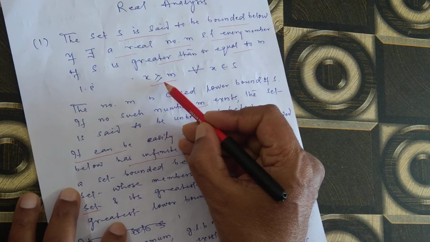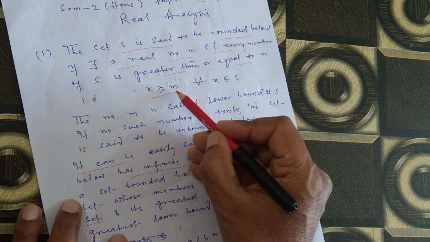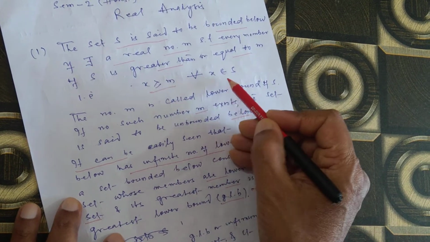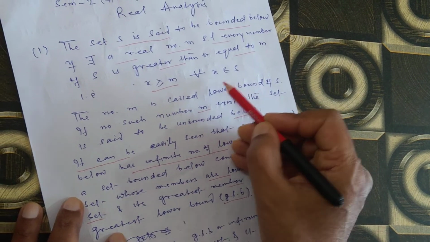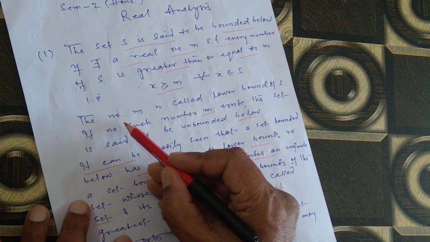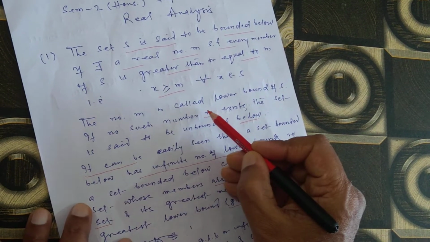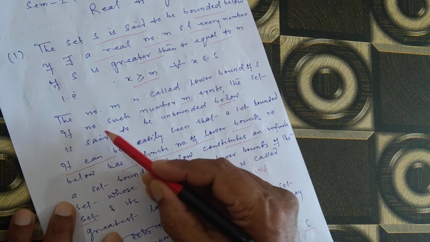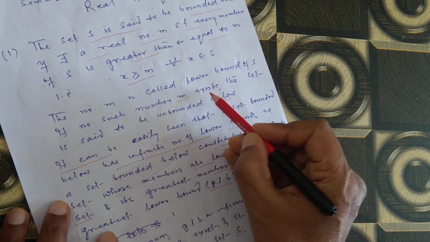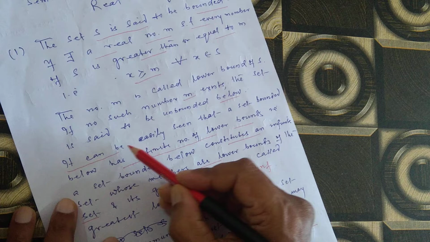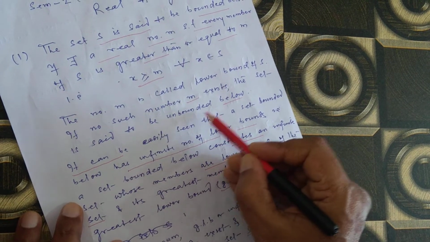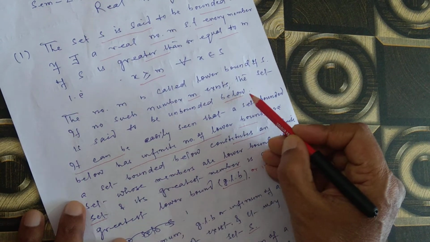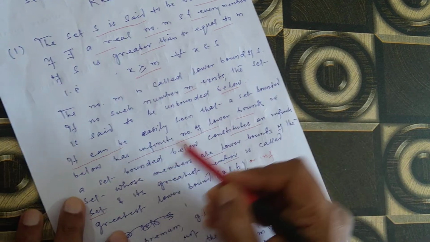That is, x is greater than or equal to m for all x belongs to S. The number m is called lower bound of S. If no such number m exists, the set is said to be unbounded below or not bounded below.